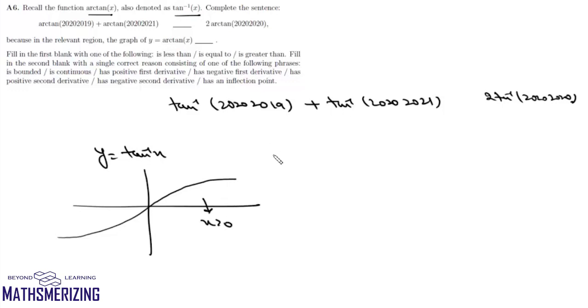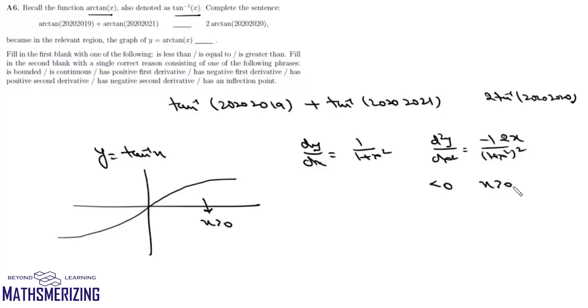Also, we can differentiate this function and we can write dy/dx as 1 upon 1 plus x square, and its second derivative d square y upon dx square will be minus 1 upon (1 plus x square) whole square into 2x, which again is less than 0 whenever x is greater than 0. So if x is a positive number, this function is concave down.